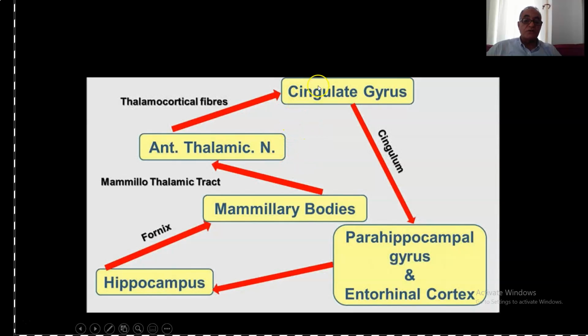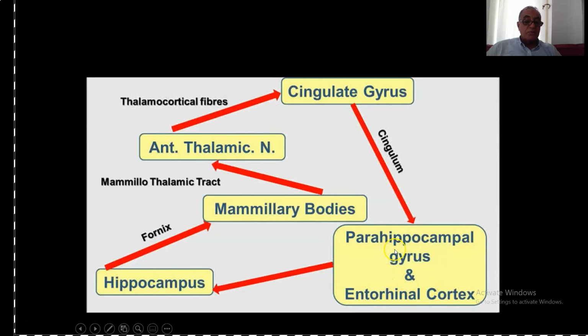You start with the cingulate gyrus on the medial surface of the cerebral hemisphere, which contains a structure called the cingulum. Then the cingulum takes impulses to the parahippocampal gyrus, which is the gyrus medial to the hippocampus and the entorhinal cortex.